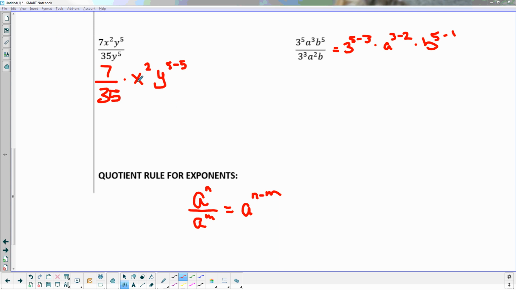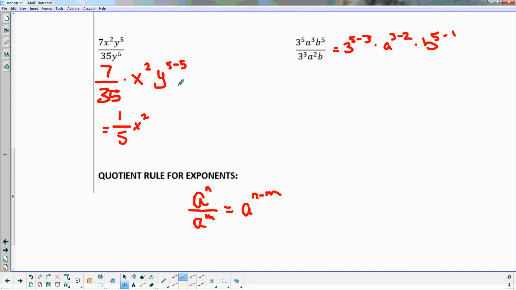Okay, so for these ones, on the first one, again, I just separate the numbers out, 7 and 35. Hopefully we know that that is equal to 1/5, or now that I say that, you're thinking, oh yeah, it is. The x had nothing else with it, so I didn't get to subtract any powers of x's. I just get an x squared.